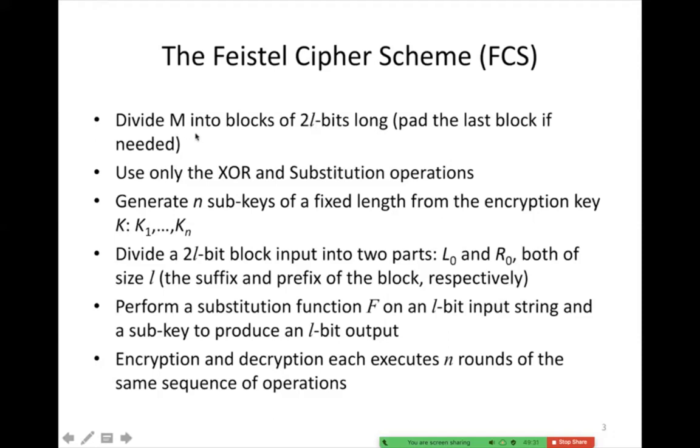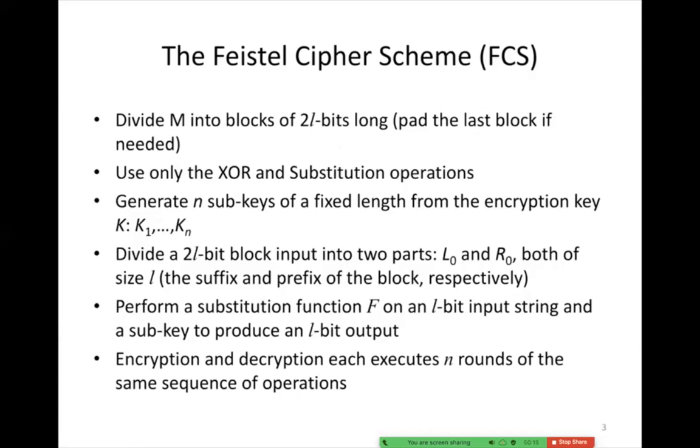So we divide your input string M into blocks such that each block is 2 times L bits long. Depending on what implementation you are going to use, this L could be like 32, 48, that kind of thing. If for the last block your string M doesn't have 2L bits, then you can pad the last block when needed.